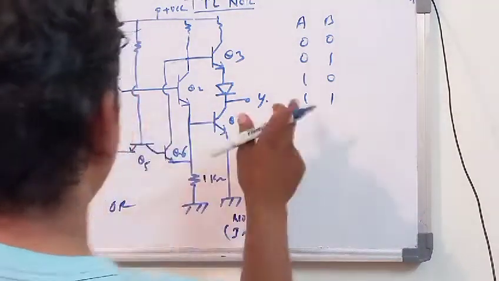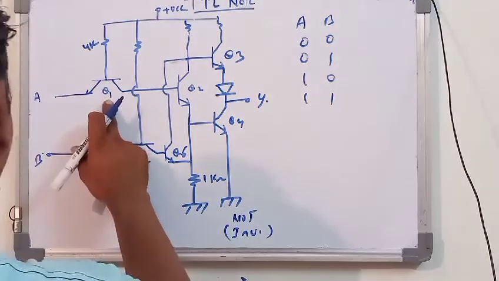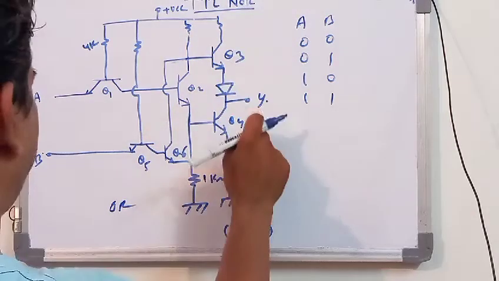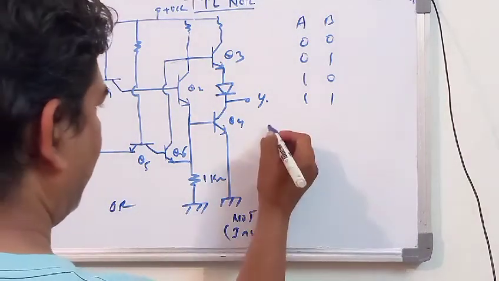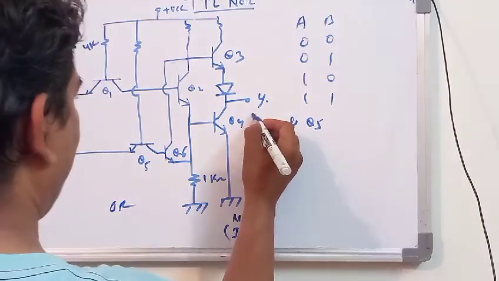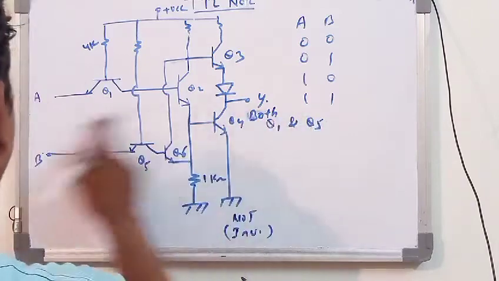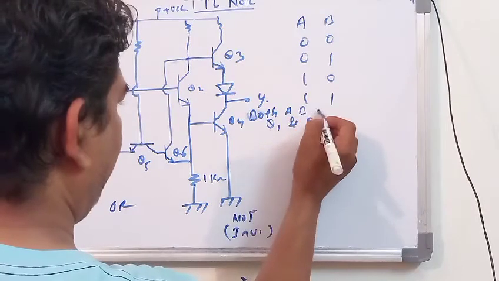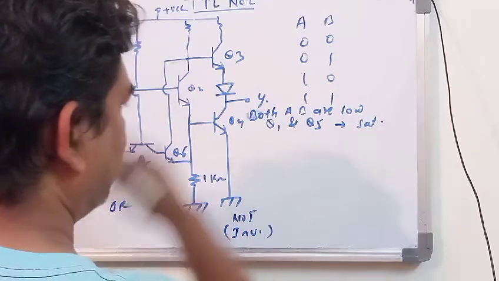When both A and B are low, that is Q1 and Q2, this Q1 and Q2 and Q5 and the Q3 and Q4, this Q1 and Q5 are in saturation. Okay, here you will write down Q1 and Q5 when both A and B are low, Q1 and Q5 are in saturation.